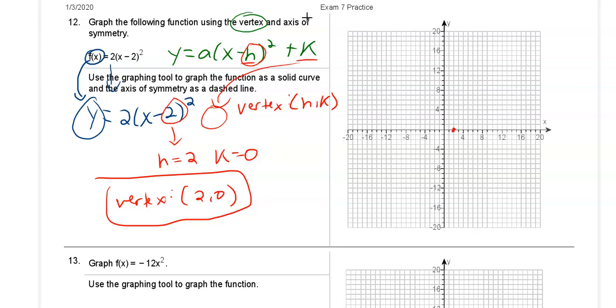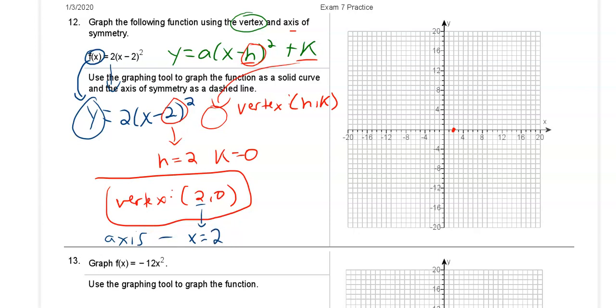In addition, it also asks us to do the axis of symmetry. That's a pretty easy thing to do once you have the vertex. The axis of symmetry is just the vertical line that passes through the vertex. Let me rewrite that. Right, so this will be the axis of symmetry, or the line of symmetry as they sometimes call it.